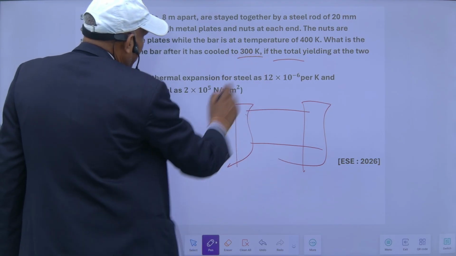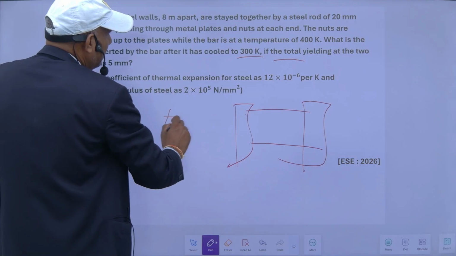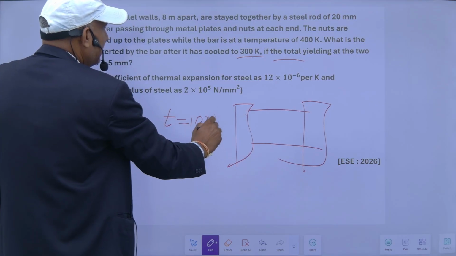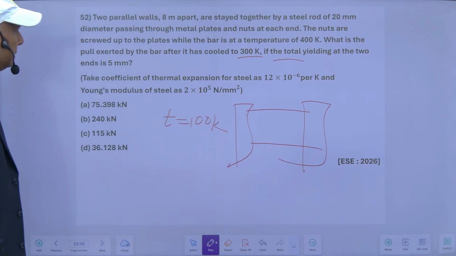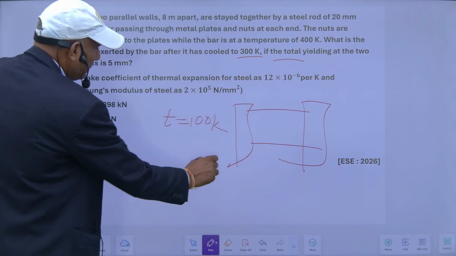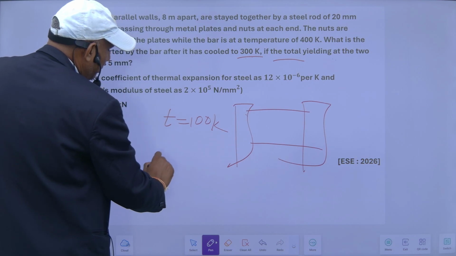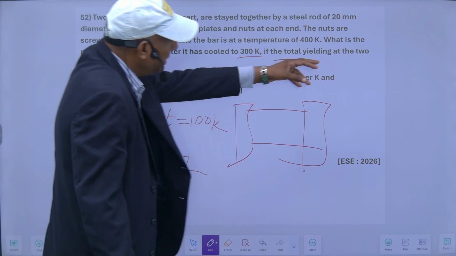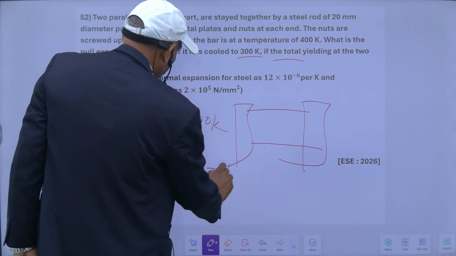So change in temperature T is equal to, since it has cooled here, 100 Kelvin, and yielding in this case is 5 mm. So change in length due to temperature is alpha TL minus yielding, which is 5 mm.